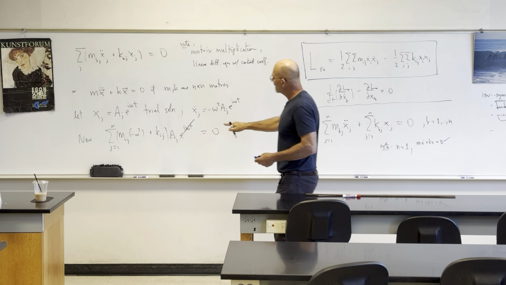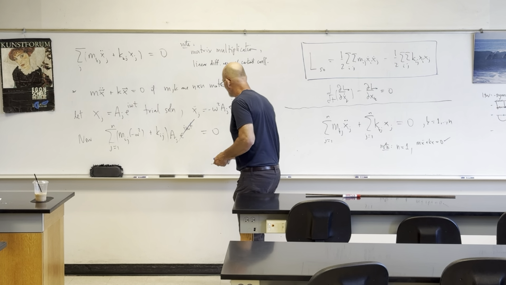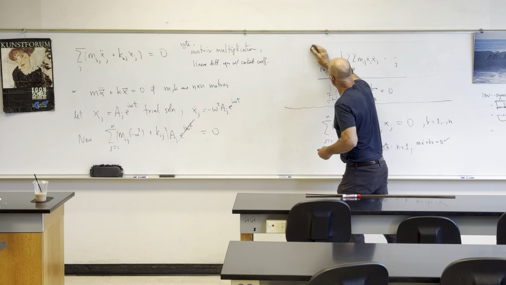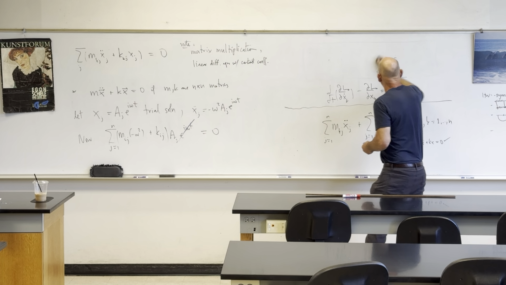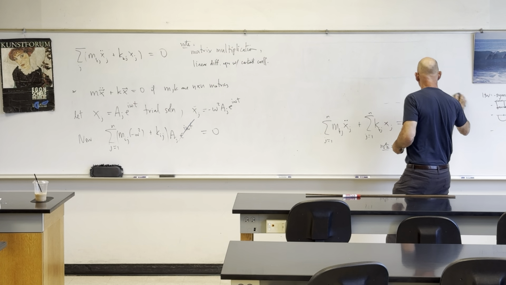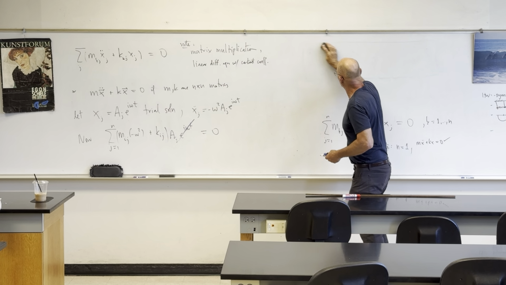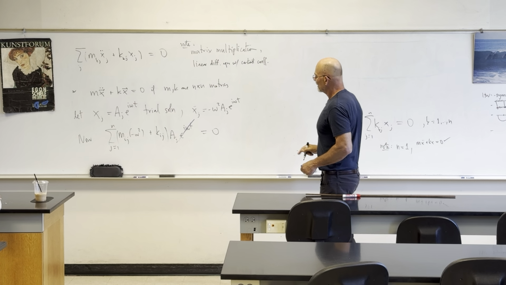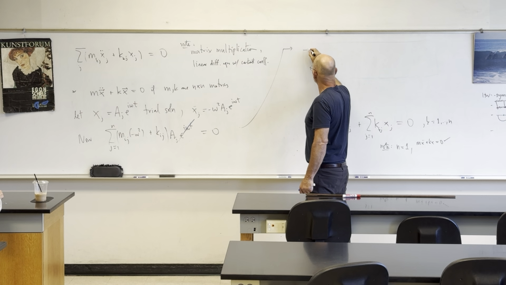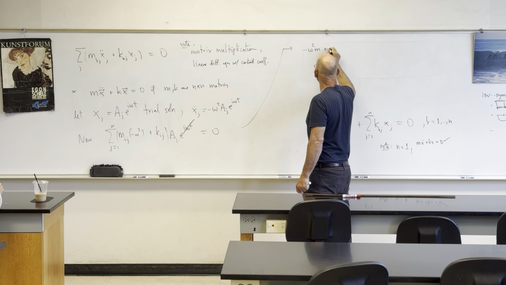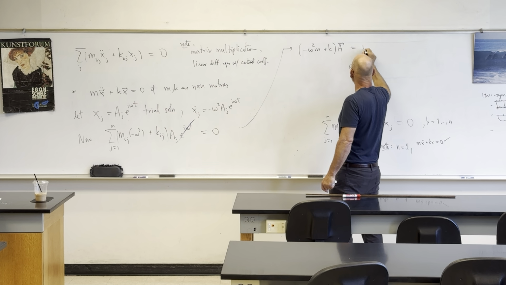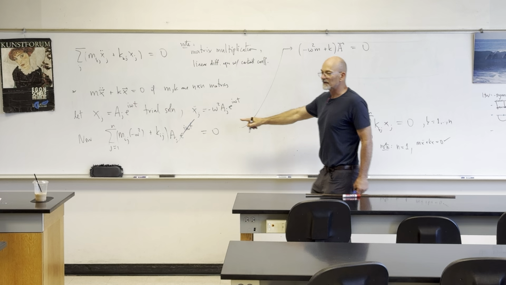And again, we can now look at this as a matrix multiplication. So we can look at this as the following: negative omega squared M plus K, times vector A, equals 0. That's what this translates into.